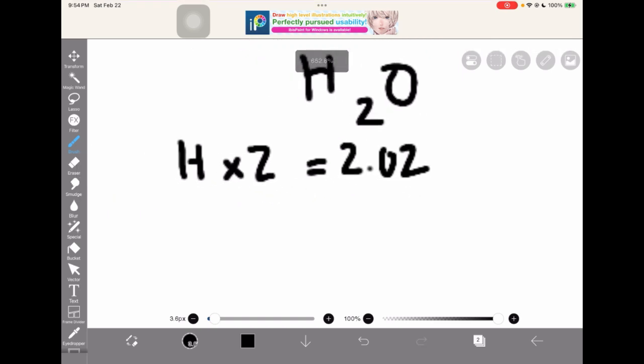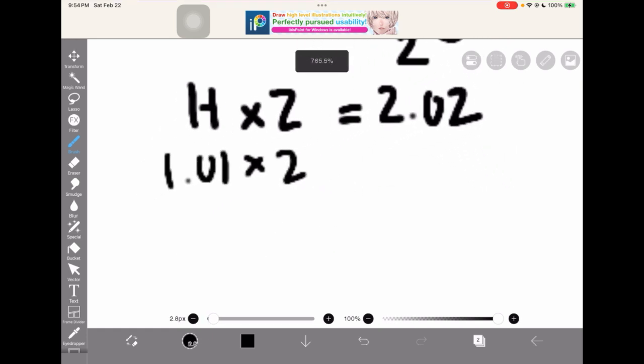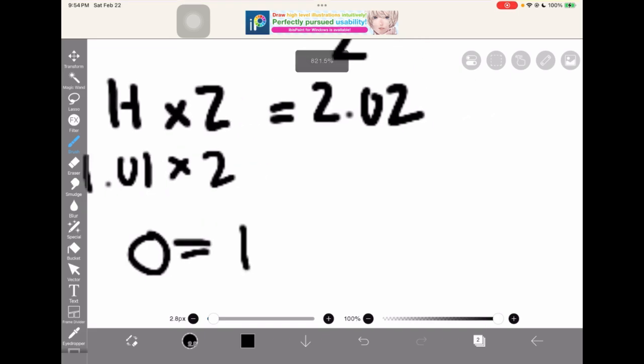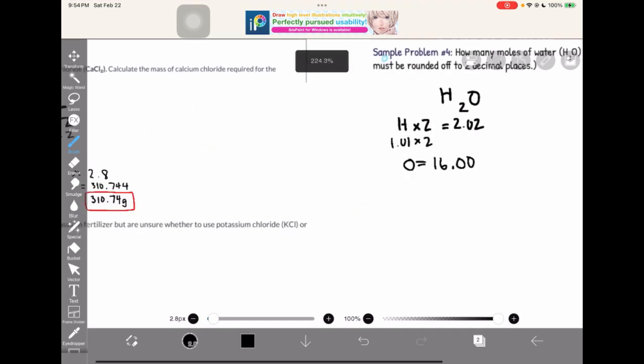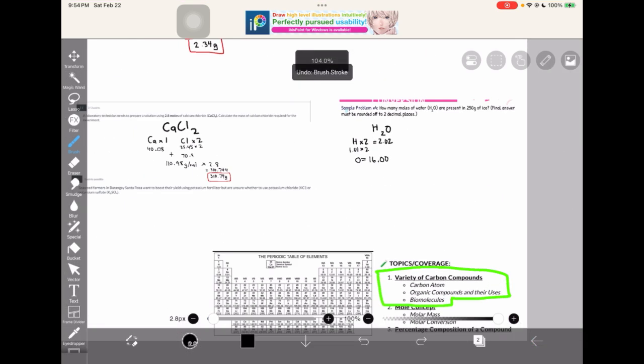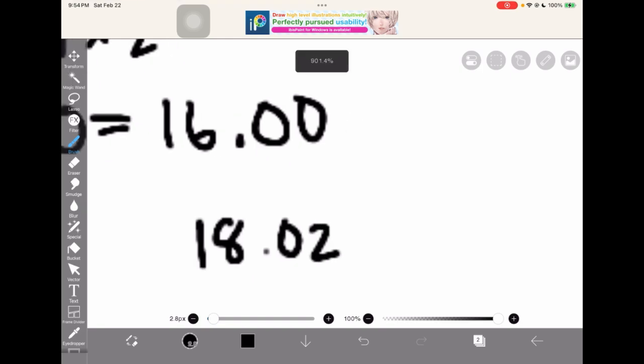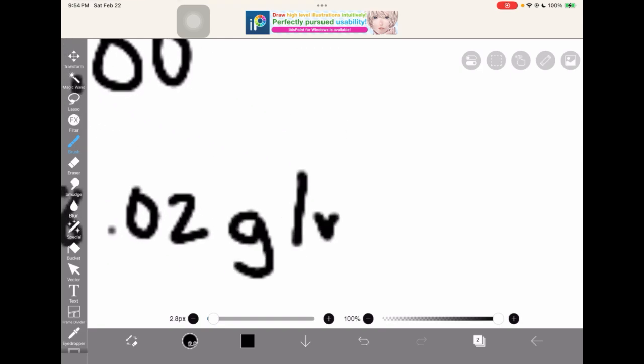And then we can just copy oxygen, which is equal to 16. Then we just add it up to get 18.02 grams per mole.